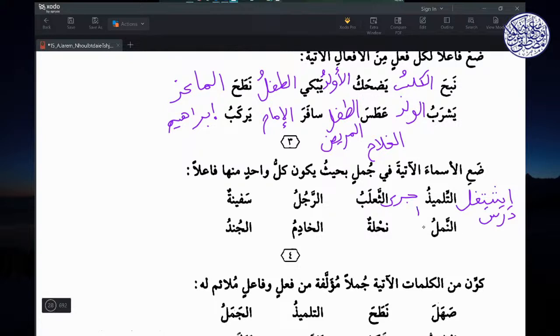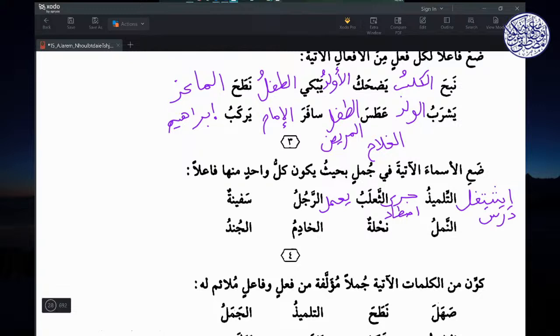Meaning to hunt, basically. Istada, الثعلب. طيب. الرجل. يأكل, يعمل, يجلس. You could say lots of things, right?